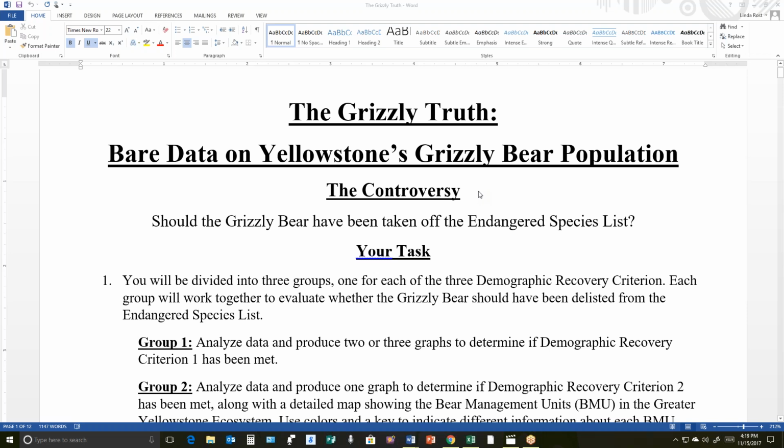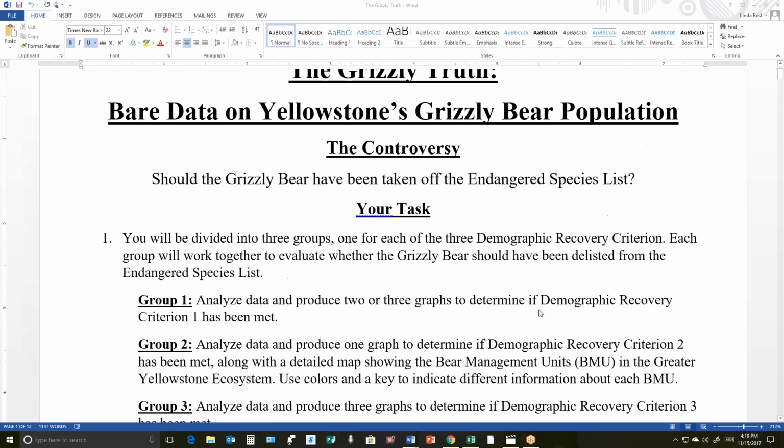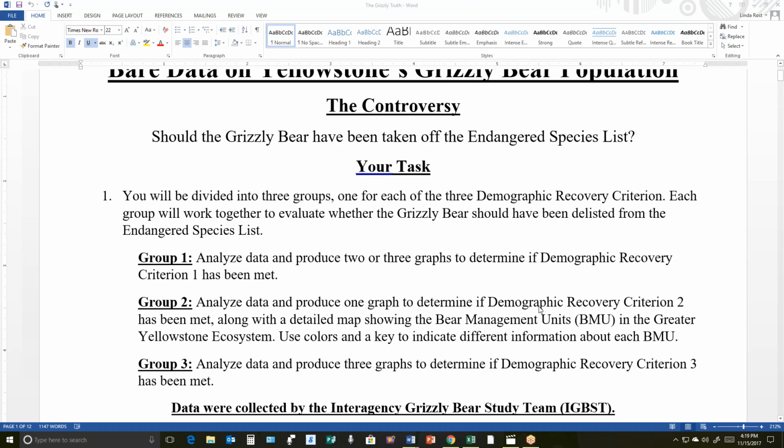And so what I did was I had the students look at the raw data and evaluate the data based on the recovery criterion, and then determine if they thought the grizzly bear should have been taken off. But it was kind of a confusing way that I did the grouping, so I'll try to explain that, and then I'll explain how it's different from the one on the Bear Trust website.